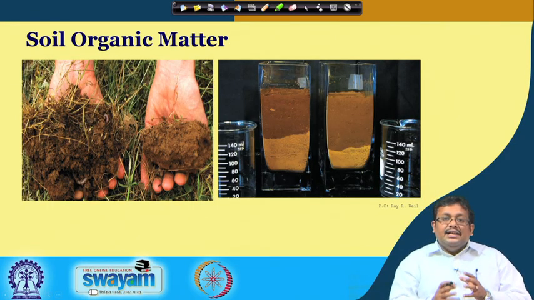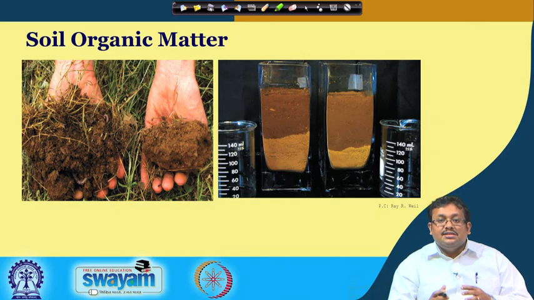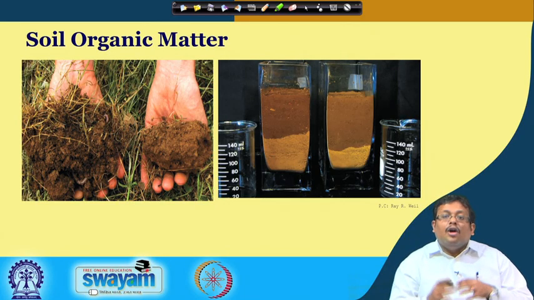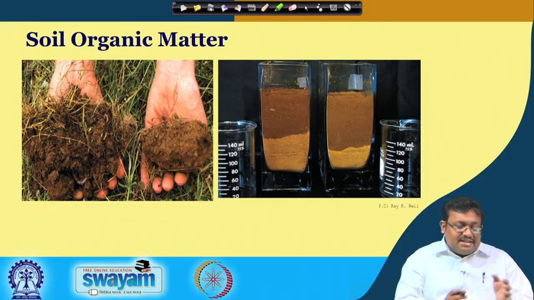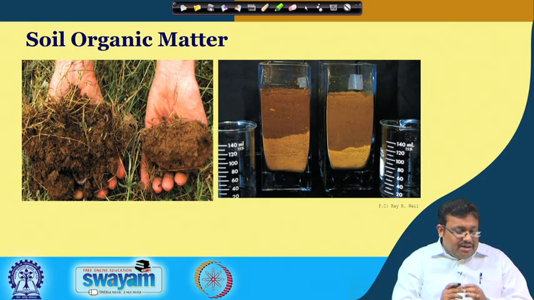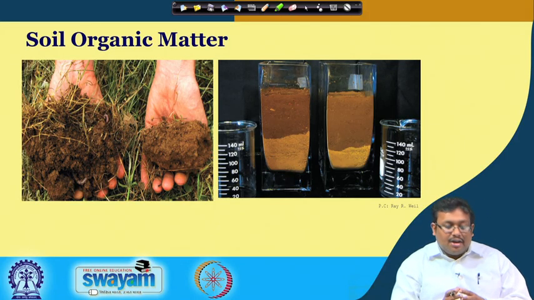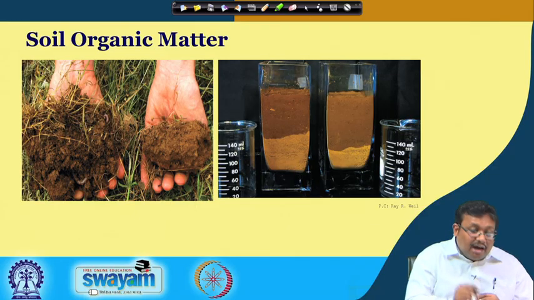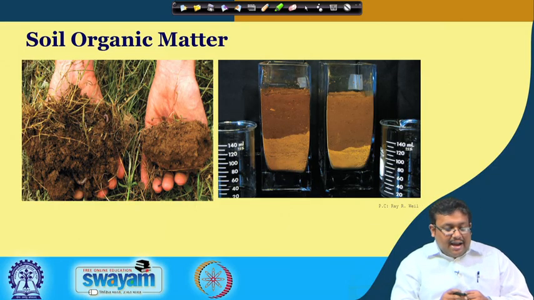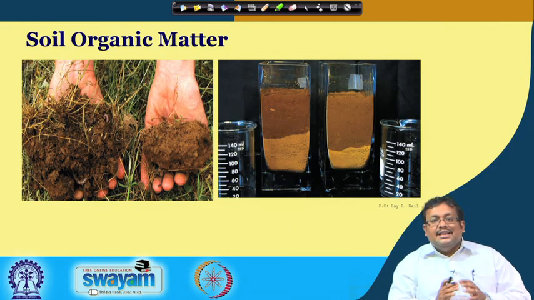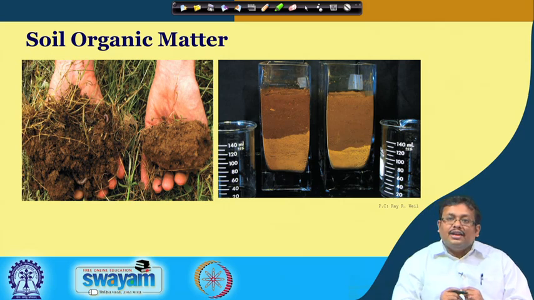So, the composition of soil tells us whether a soil is fertile or not, or in other words whether the soil is good or bad. For example, in the left picture you can see the leftmost soil has a high amount of organic matter, and earthworms can be seen, and the rightmost soil has a low amount of organic matter.